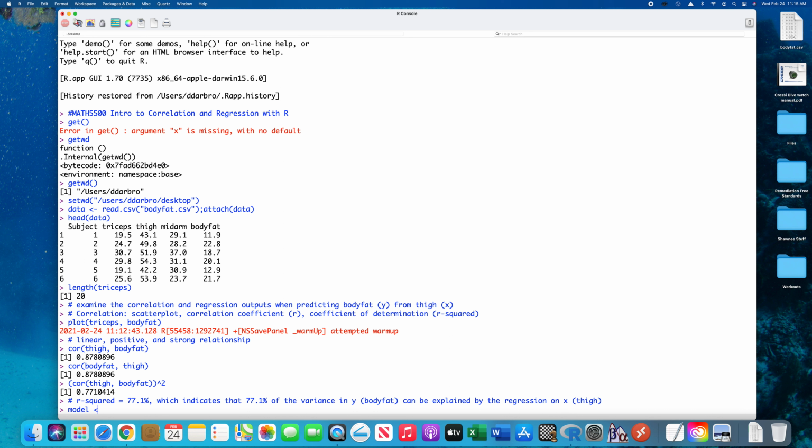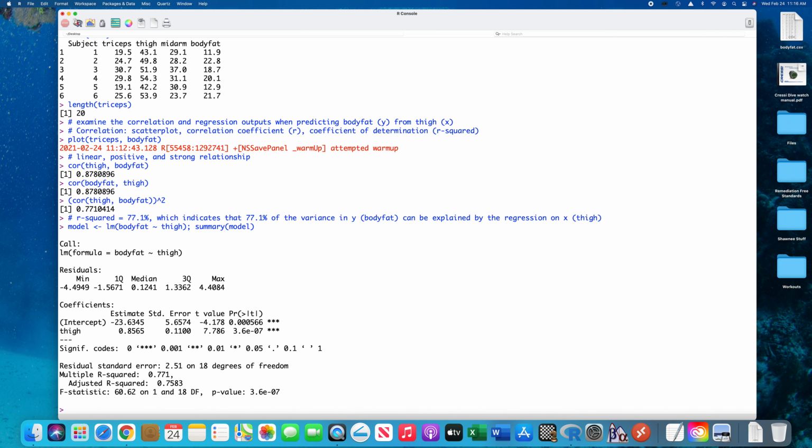I begin that by creating a model, and it's easy to do in R, just lm, linear model. I want to predict body fat, so I need to put it first, and I want to predict it from the thigh measure. Then I want to do a summary of the model.